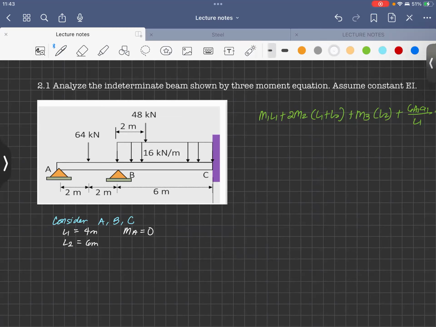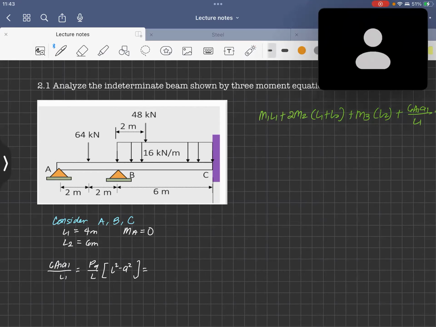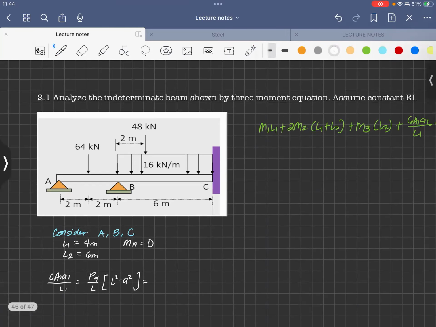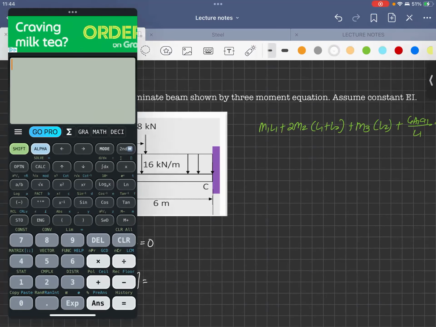Ang formula po natin, no, is 6A1, A1 over L1 is equal to PA over L times L squared minus A squared. So, yan yung magiging equation. So, wait, let me just think, ito pala siya.